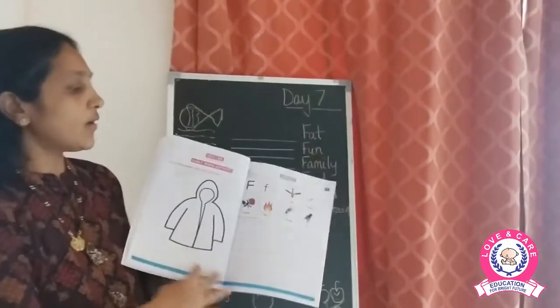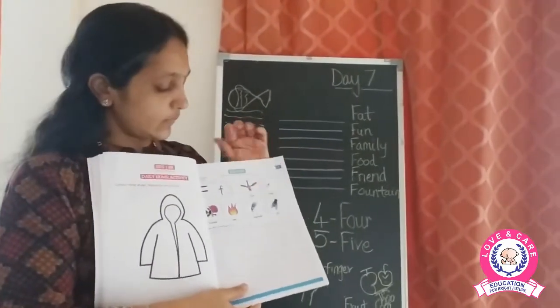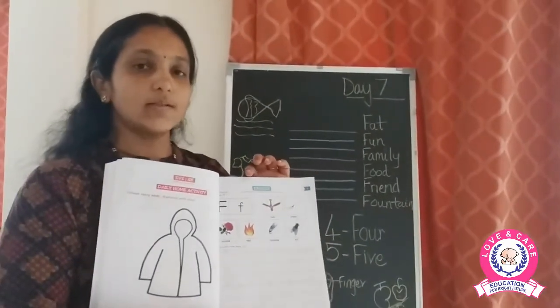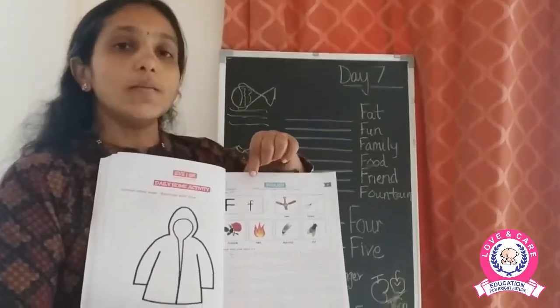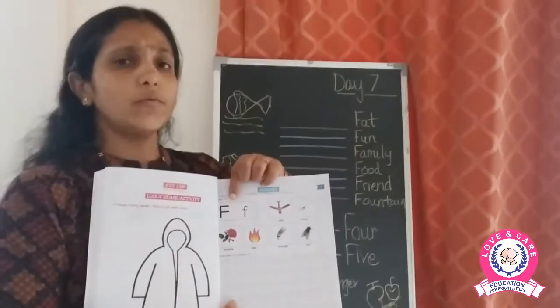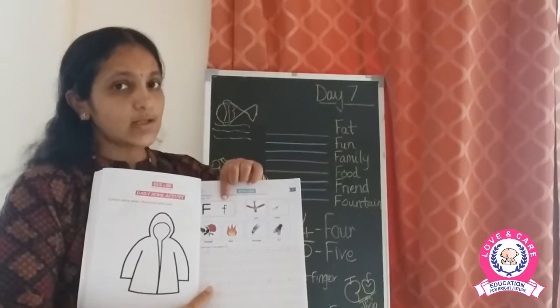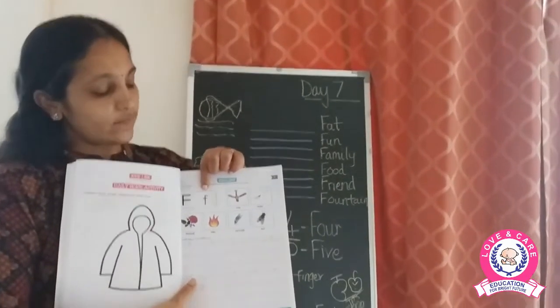Okay children, now moving on to the next page, we are going to learn a new alphabet, the mummy letter and the baby letter F. Yes, I know we have already learned the mummy letter F, but now we are going to learn the baby letter F also.